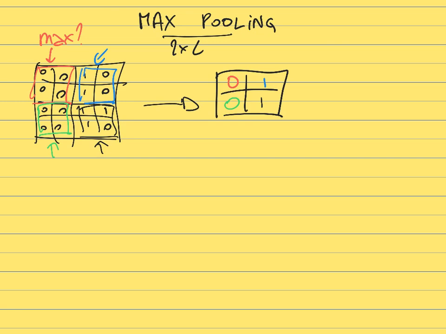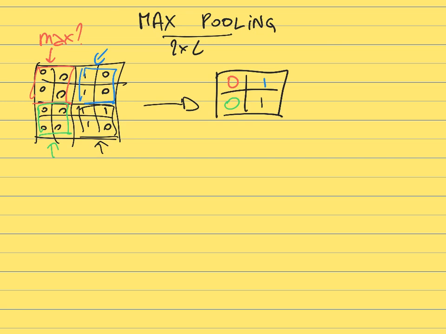This max pooling operation typically comes after a convolution operation. So you have your convolution operation first. It's going to create an output image that will correspond to whether certain types of patterns have been detected or not. And if they have been detected, what the max pooling will do is reduce the size of the grid.